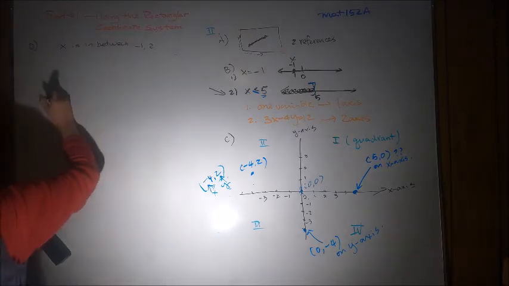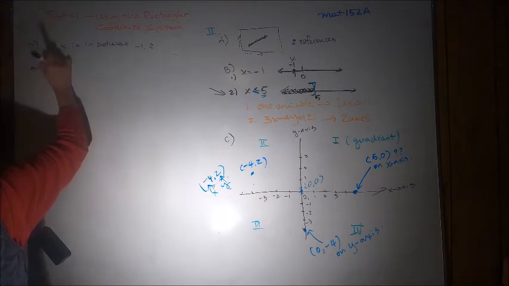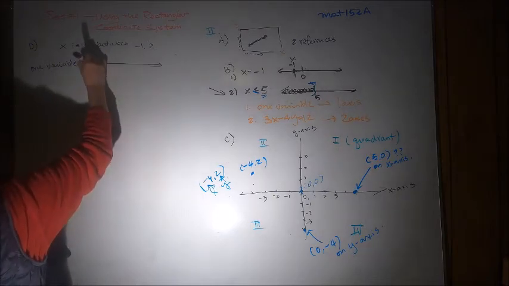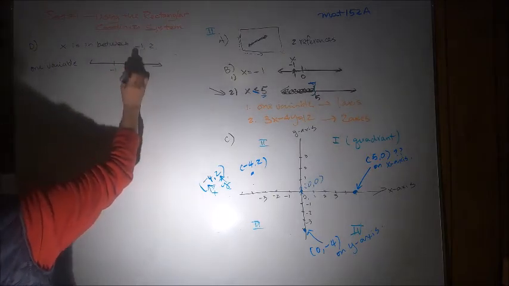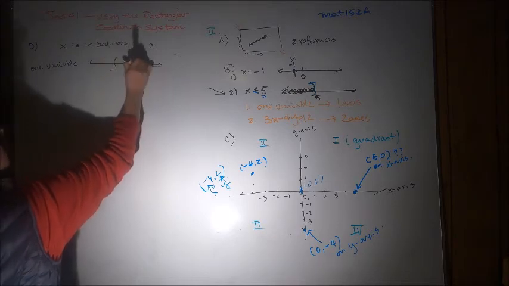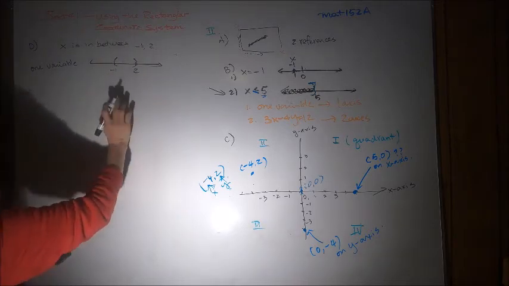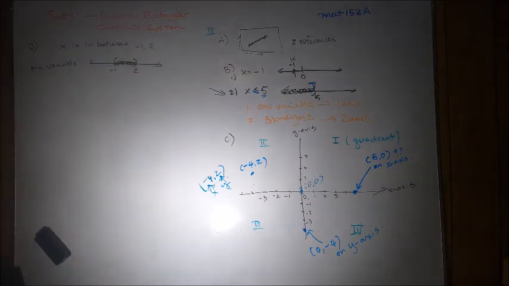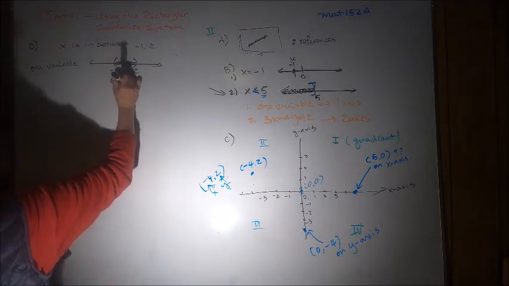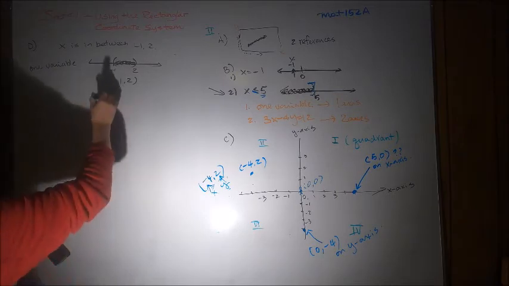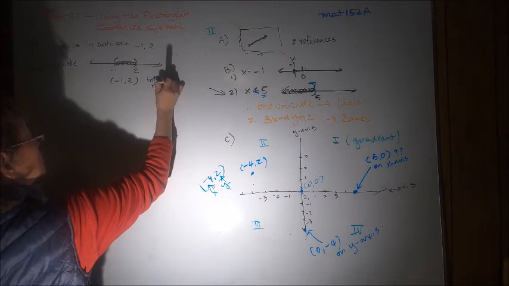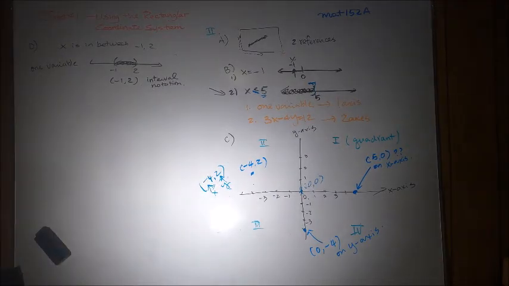If it's just one variable, one reference, it's here, -1 and 2, right? It's not just one number, so we use what? A graph to show it, right? Or we can use interval notation. We use this interval notation to show it, right?